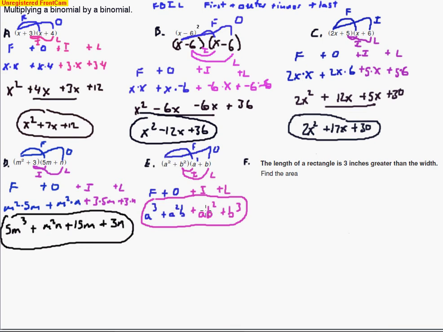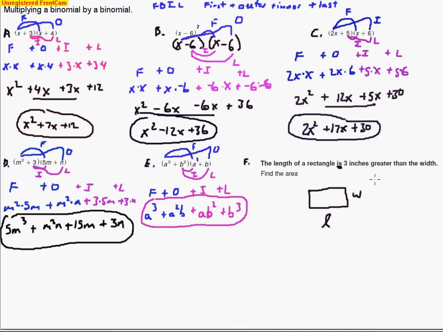Well, we got a word problem here. Here they're asking us to write an expression for the area of a rectangle. And so let's take a look at what we got. Typically we consider this side the base, or sometimes we call it the length, and then this side here we'll call the width. So I'm going to read off what it says. The length of a rectangle is 3 inches greater than the width. "Is" means equal.